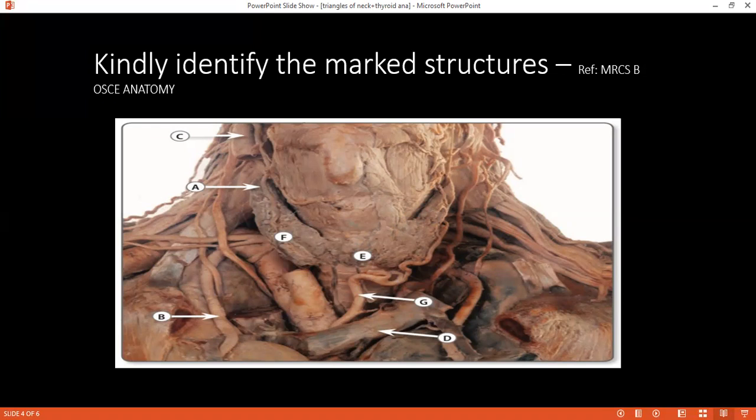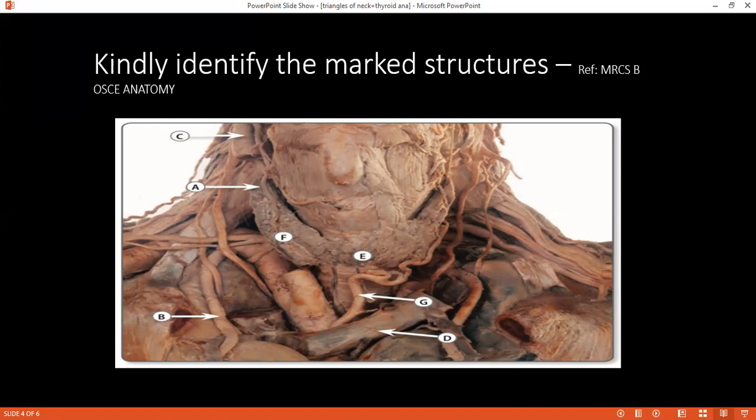It extends from the level of the thyroid cartilage down to the level of the cricoid cartilage. The isthmus is at the level of the 2nd, 3rd, and 4th tracheal rings.